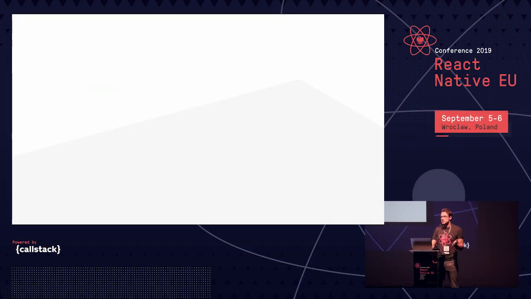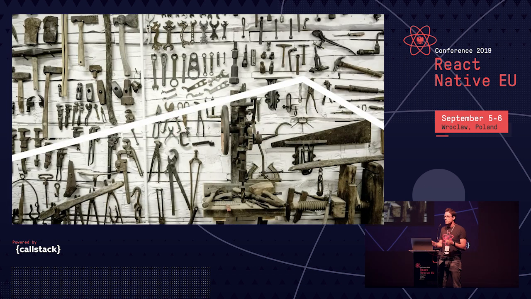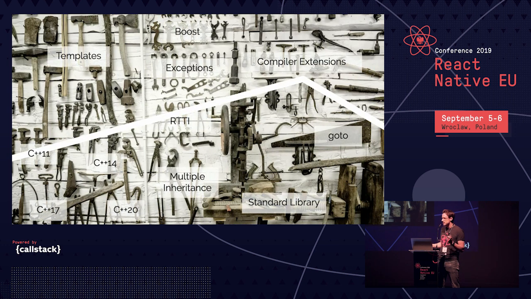So let's talk about some of the properties of C++ that make it appropriate for this kind of work. And I'll also talk about some of the nuances of each platform and the architectures that this kind of naturally lends itself to. Before we do that, though, and Andrew kind of hinted at this, I think we should address the elephant in the room. C++ has this reputation in the industry, right?